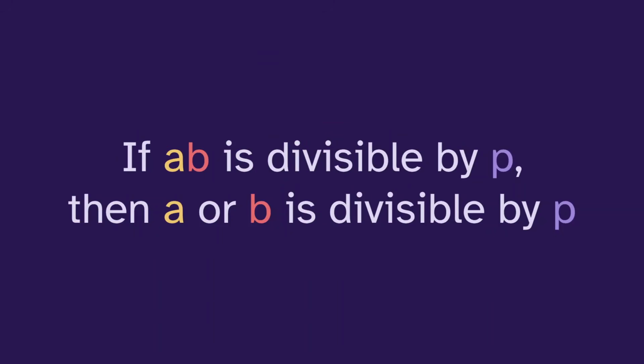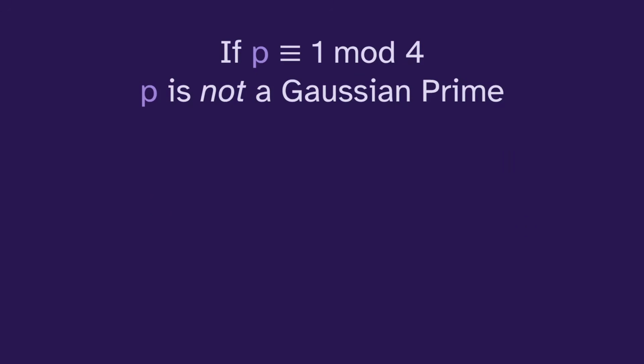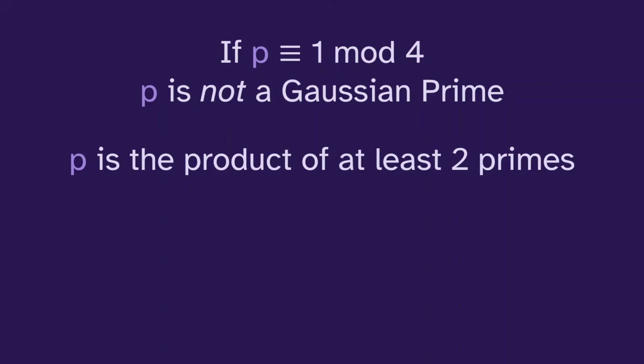p fails this definition of a prime, which means that if p is 1 mod 4, p is not a Gaussian prime. And that means that p is the product of at least two primes. But we notice the norm of p is p squared. And because p squared has at most two prime factors, then p has at most two Gaussian prime factors.